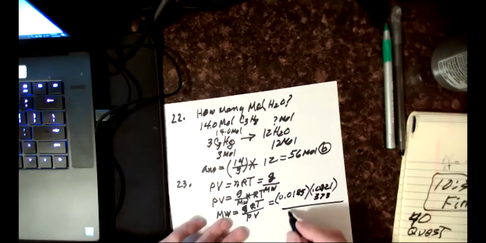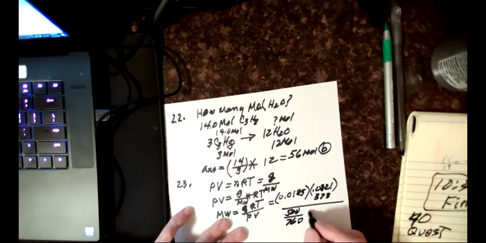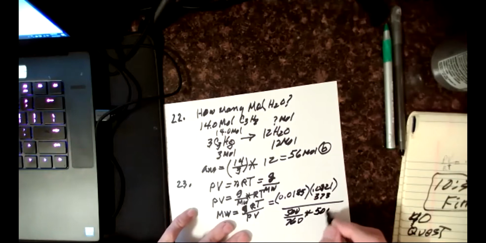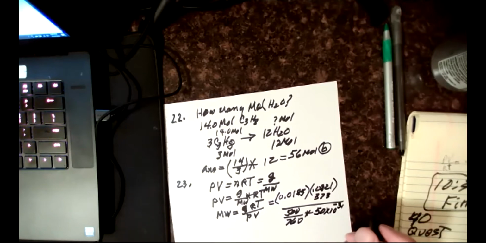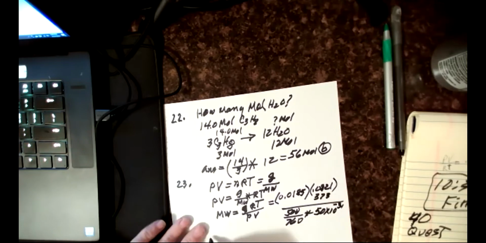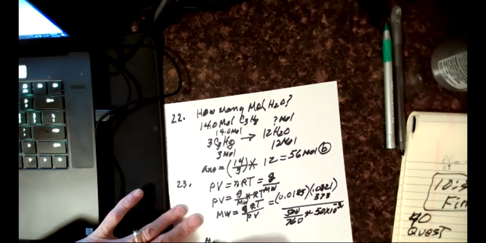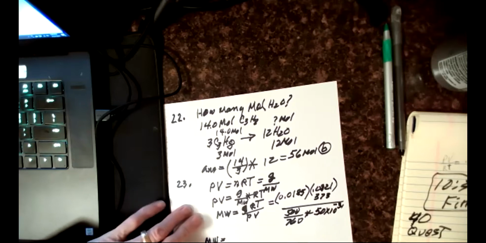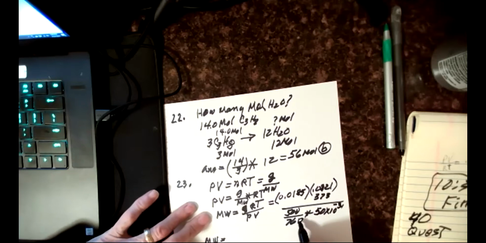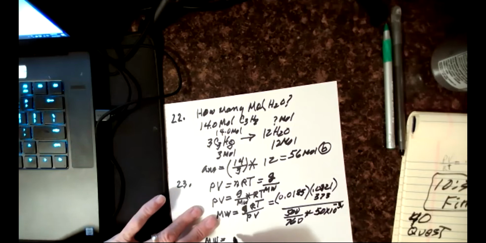The pressure is 500 divided by 760, and the volume it occupies is 50 times 10 to the minus 3 liters. Now, while the math is not terrible, it's still kind of messy. Molecular weight. Now, let's see. This is in the denominator of the denominator.